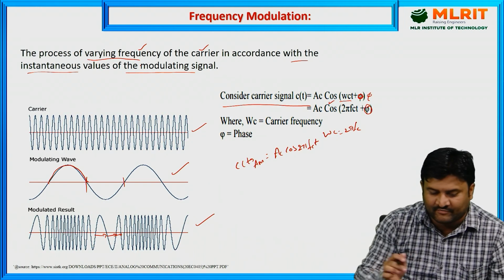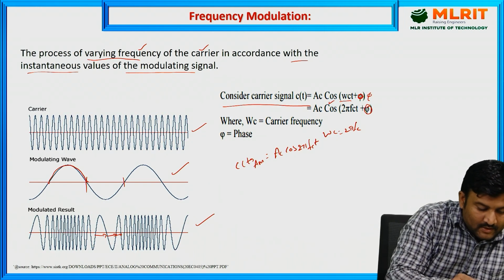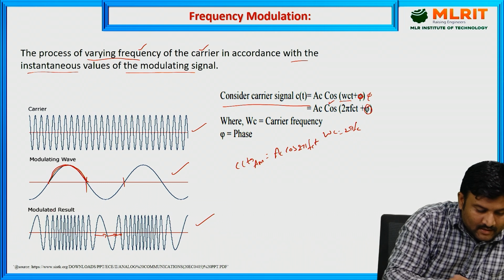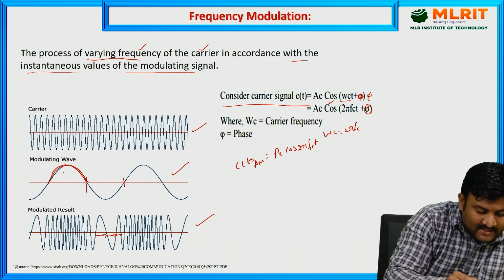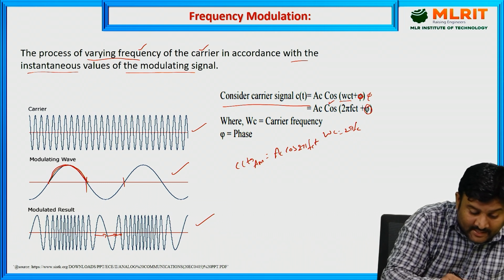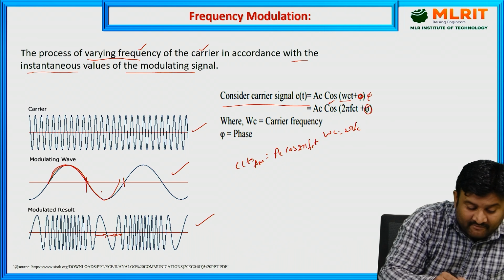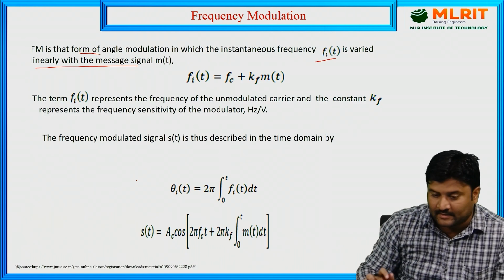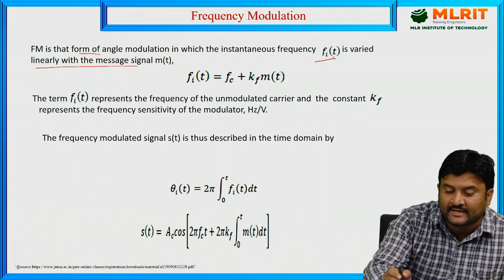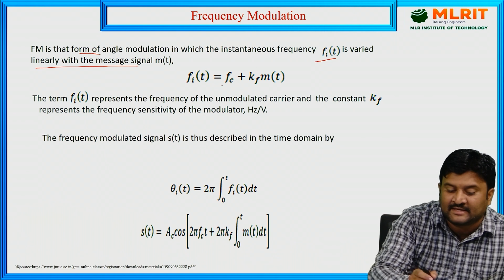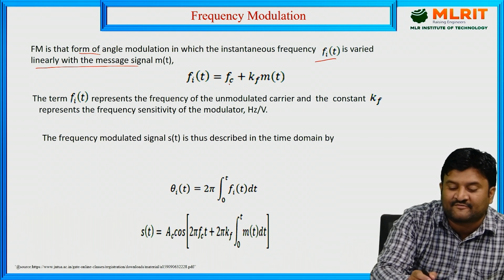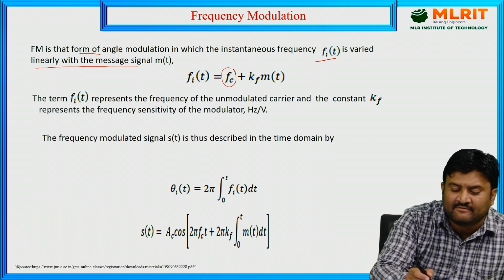Observe the waveform. At the positive peak, the carrier frequency is also varying linearly. At the negative peak, the carrier frequency is also varying linearly. That's why the instantaneous frequency is represented as fi of t equal to fc plus Kf into m of t, because the carrier frequency varies with respect to the message signal.